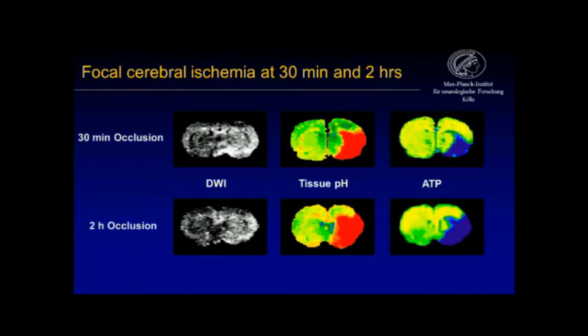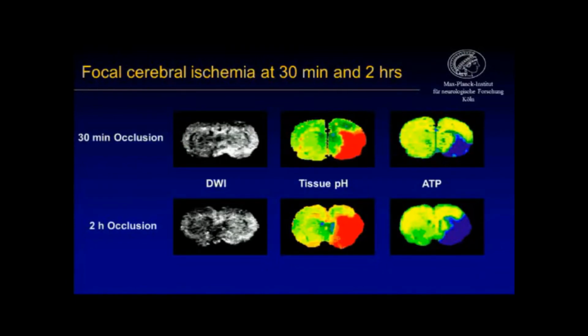But when we look at the area of breakdown of energy metabolism represented by loss of ATP, we see that the situation is different, now different from the situation after 6 hours. Here, we don't have agreement between tissue acidosis and ATP loss, but what we observe at earlier time points is a core region where we already experience breakdown of energy metabolism, surrounded by a region that still has functional energy metabolism, but already shows anaerobic glycolysis being reflected by the tissue acidosis.